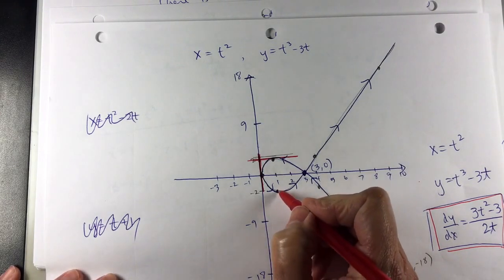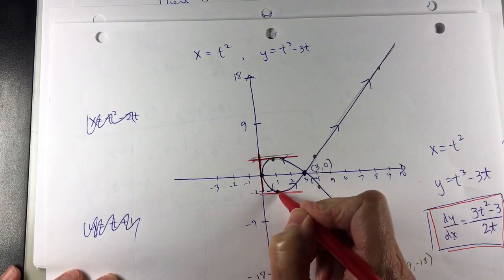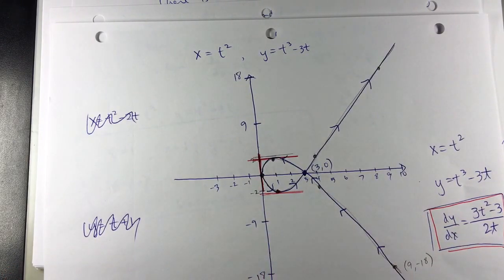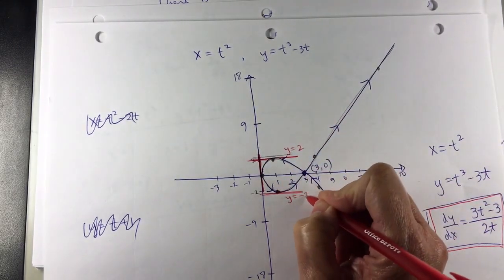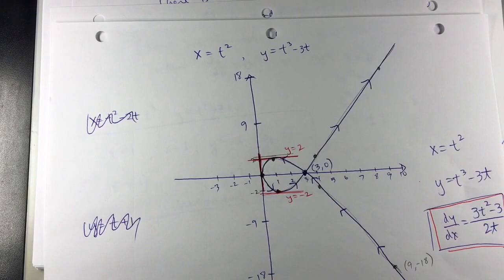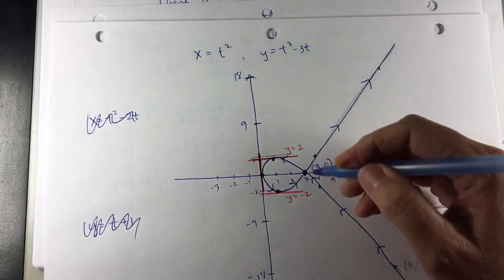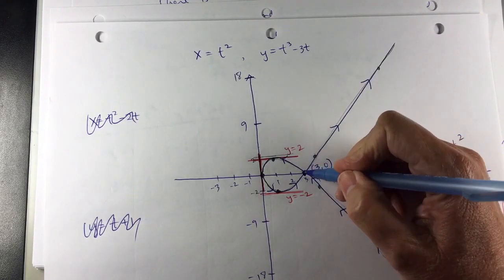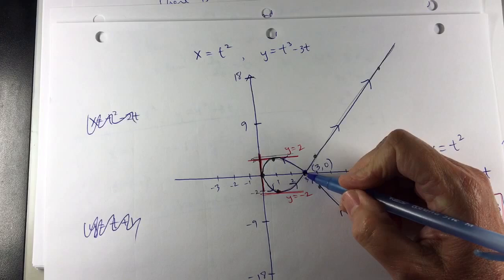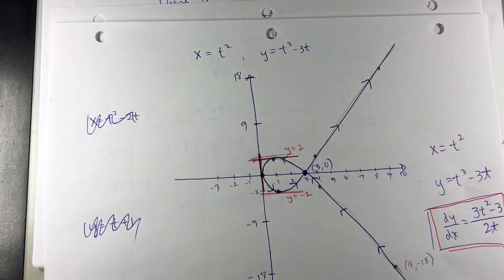And this would be local min. And I know the equation of those lines. Y equals 2, y equals negative 2. Okay, now I'm going to do another tangent line. I'm going to do the tangent line at the point 3, 0. In fact, it looks like there's going to be 2 tangent lines at that point.